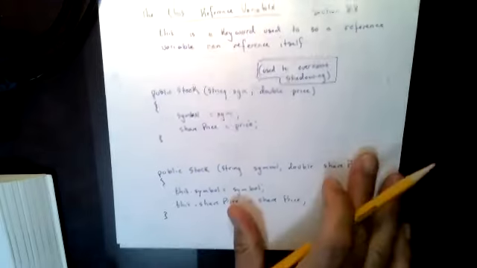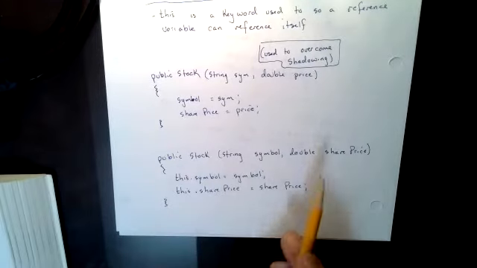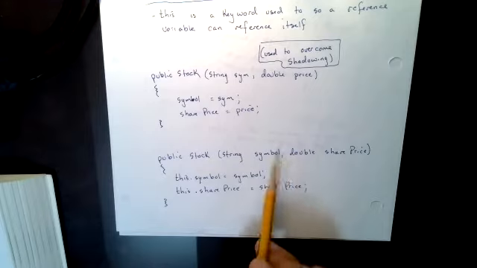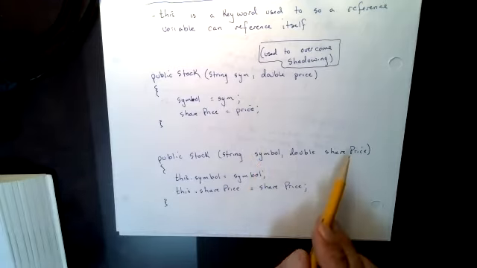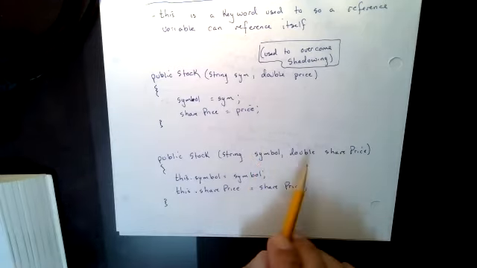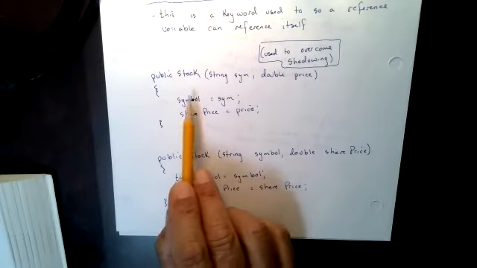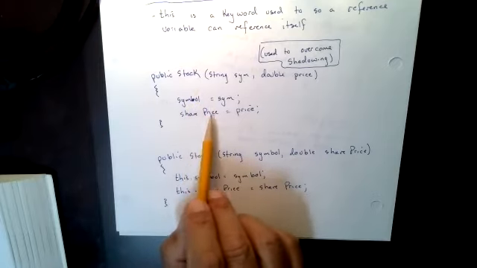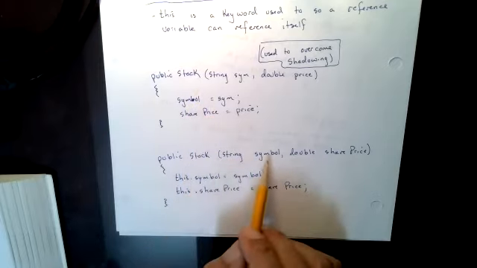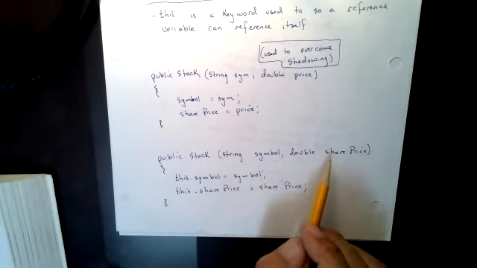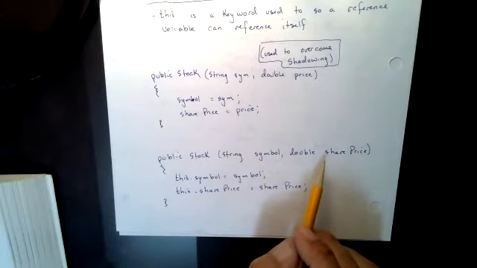But if you wanted to use it, the example given is, what if I can't be creative enough to come up with names in my parameter list that are different than my fields? So up here I had fields in my object called symbol and share price. Well, what if I wanted to put those in my parameter list? I could actually get away with it.